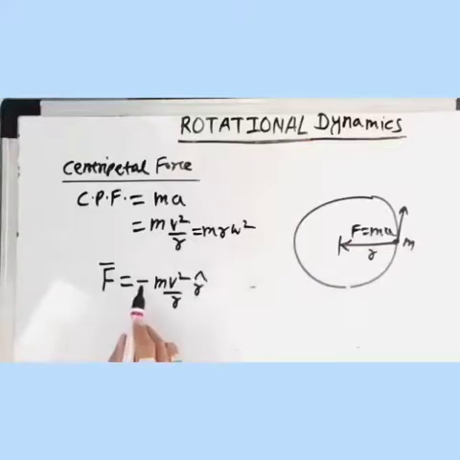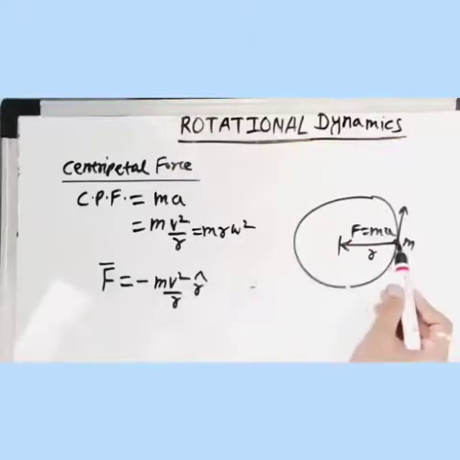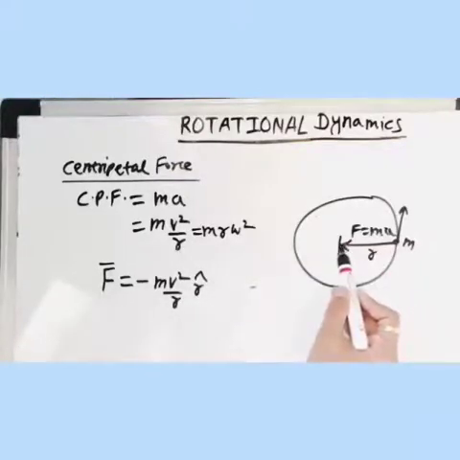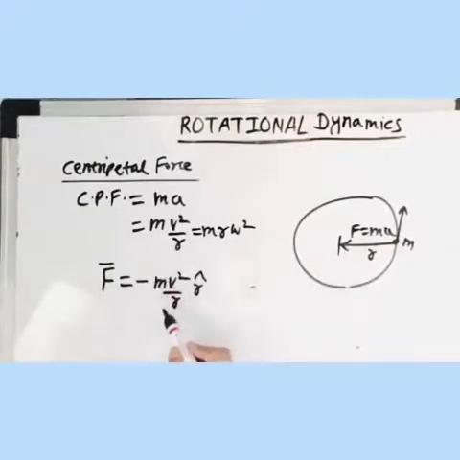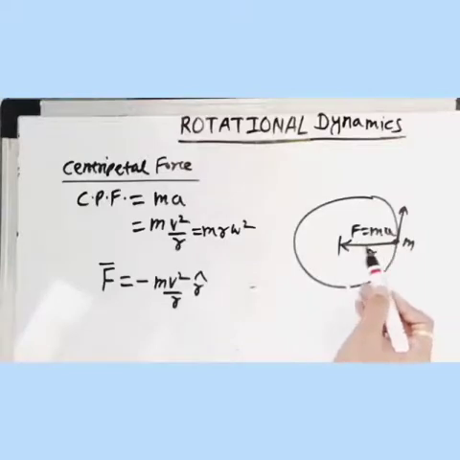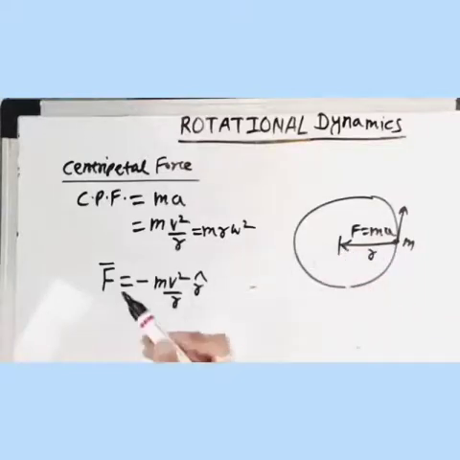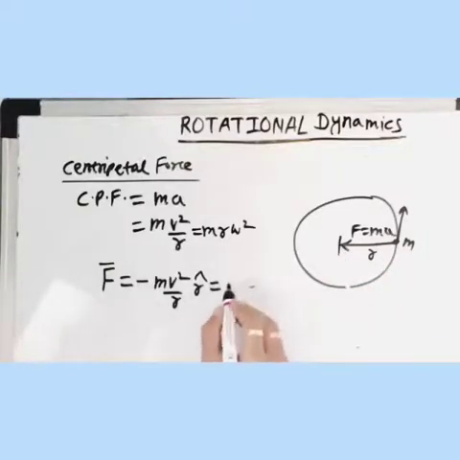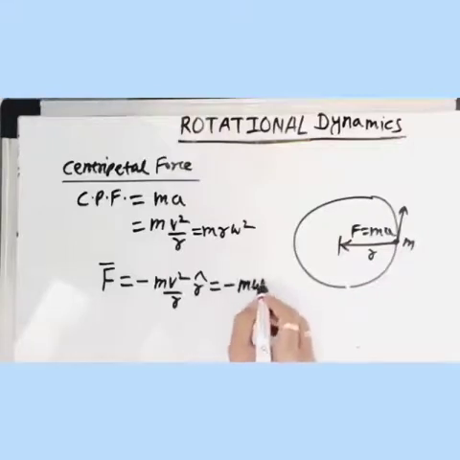Here the negative sign indicates that the force is directed along the radius towards the center of the circle. So this is the magnitude part, and r cap is a unit vector which is directed along the radius toward the center. Similarly, this equation can be written as minus m omega square r bar. This is in terms of angular velocity.